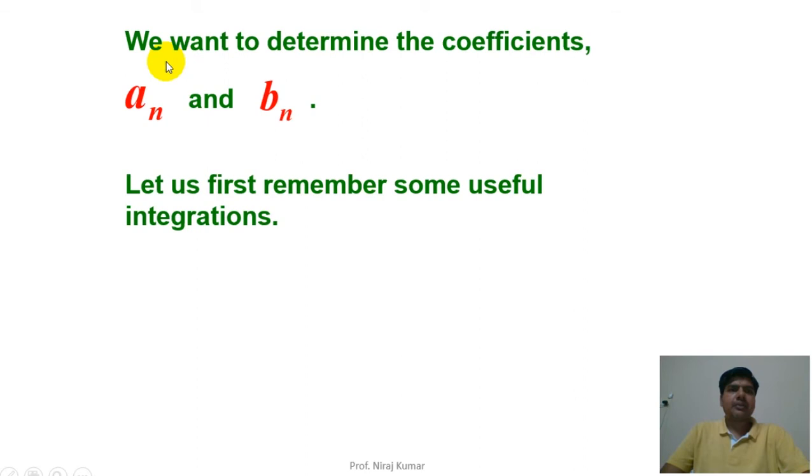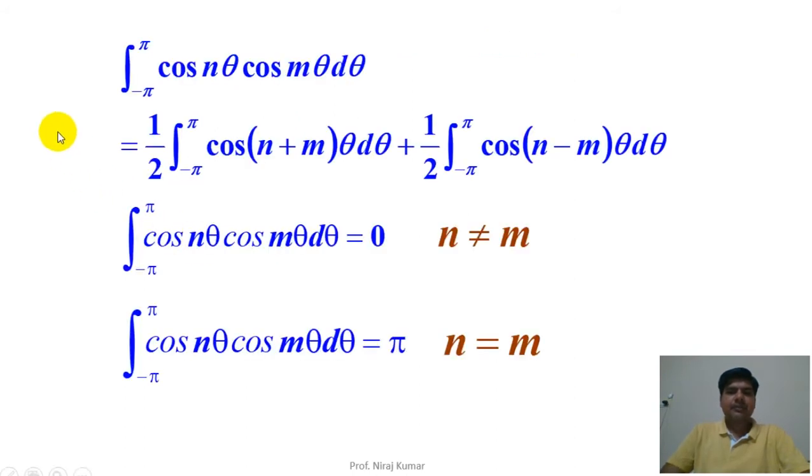Now, to determine the coefficients an and bn in the Fourier series, we first have to remember some useful integrations. The first integration is the integral from minus pi to pi of cos n theta cos m theta d theta.